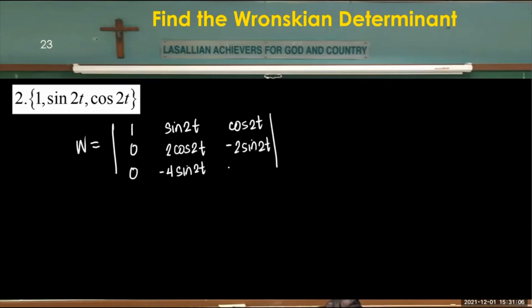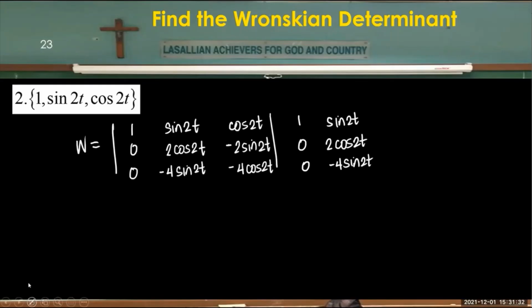This one is negative 4 cosine 2t. Now, this is a 3 by 3, so that means we need to copy the first two columns. Negative 4 sine 2t.